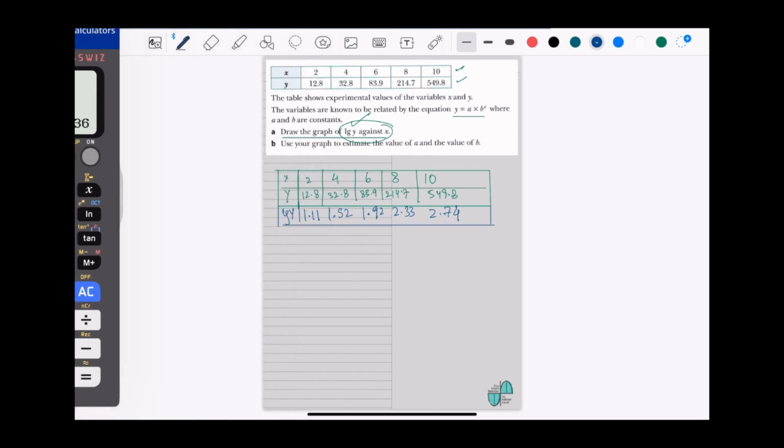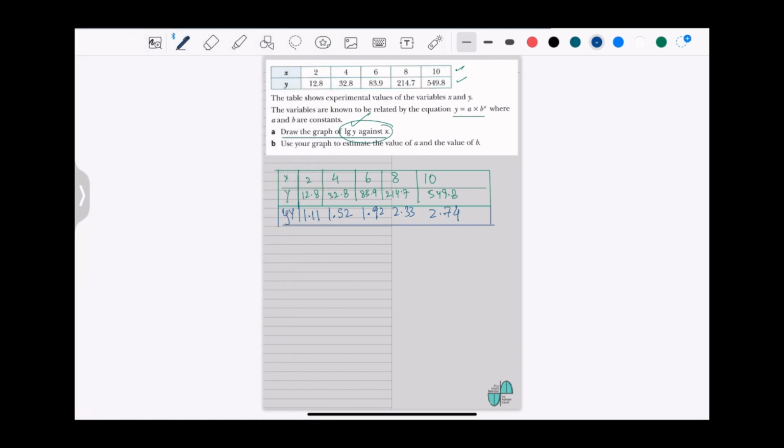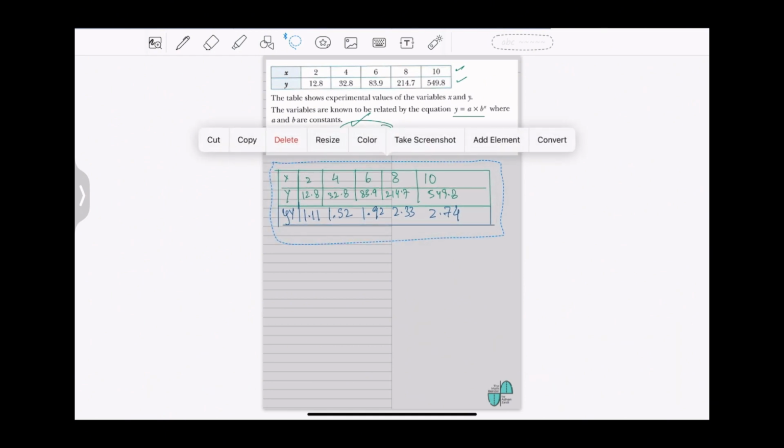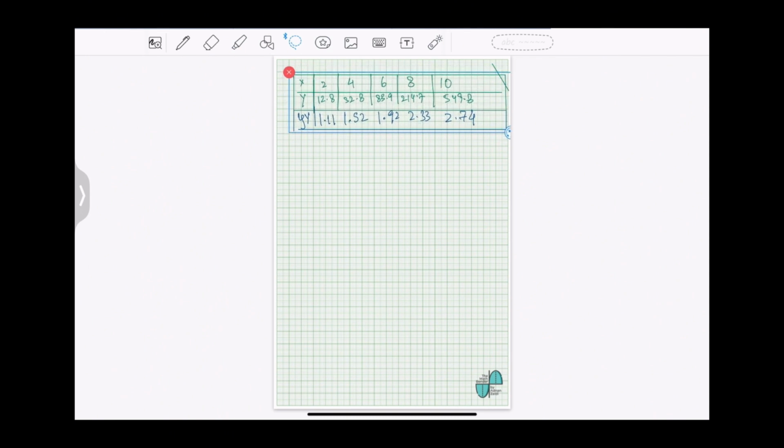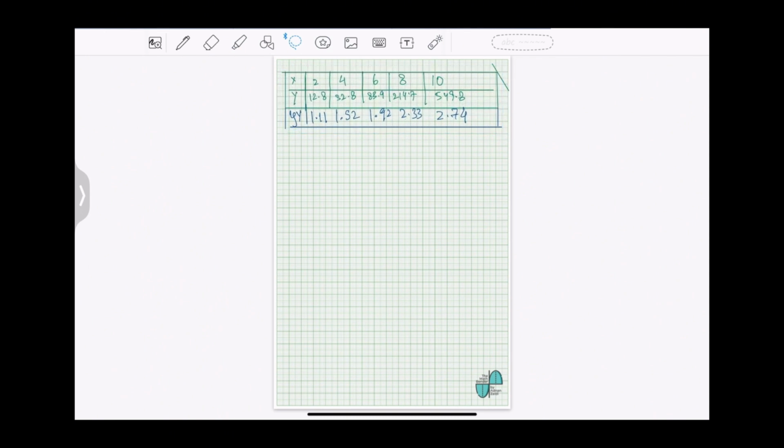So these are the values. So I have to plot these values on the graph paper. So I have these values to plot.